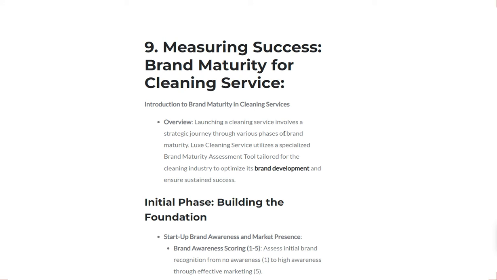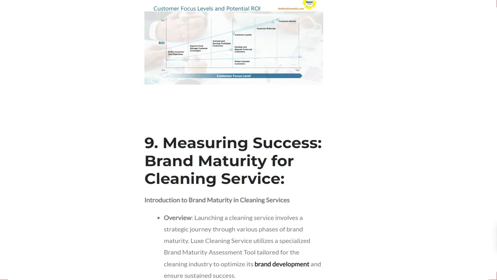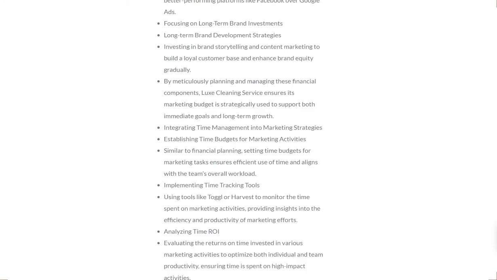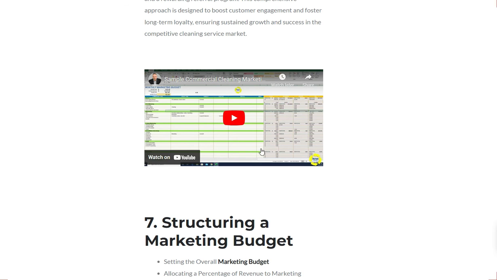That should be the main focus, growing your brand from a 1 up to a 4 and a 5, because once you get up there, that's when you get those killer return on investment numbers. This is a big topic with the budgeting: you're going to see your return on investment go up, not necessarily based on the platforms, but on your brand maturity level.